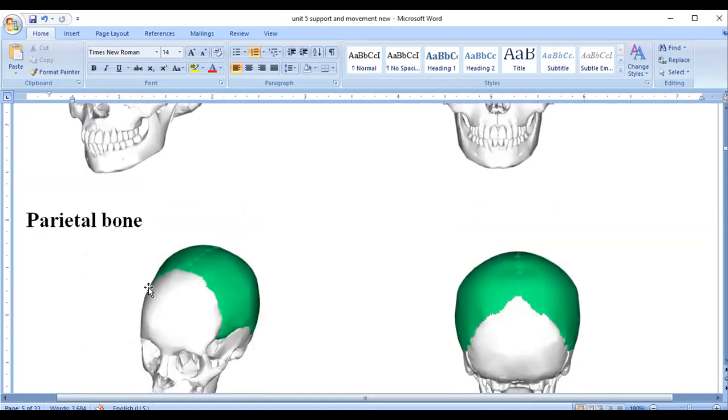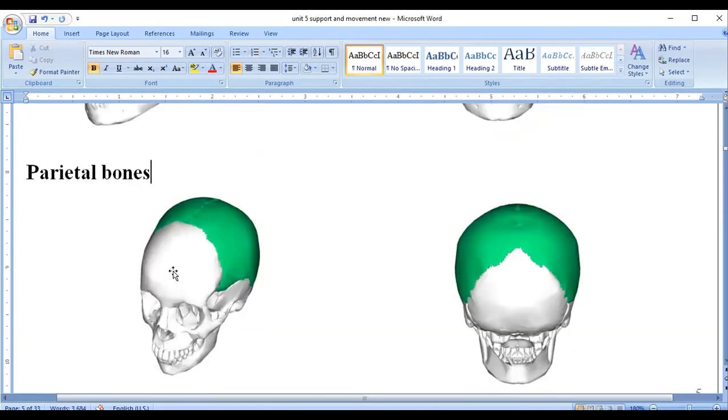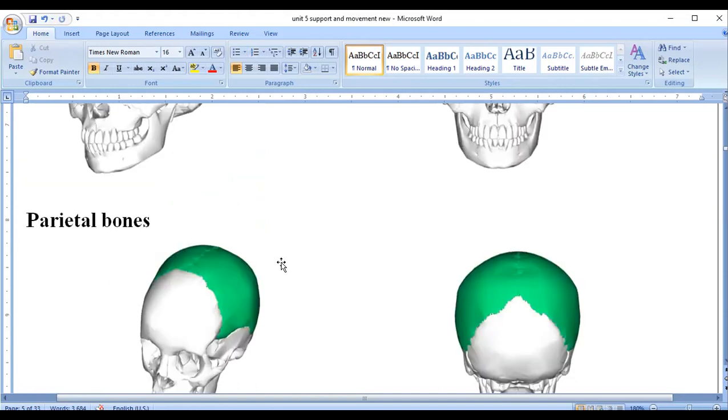Another bone, the parietal bones. They form the sides, behind the frontal bone. There are two bones there. The two bones are separate, joined here by the suture marks.